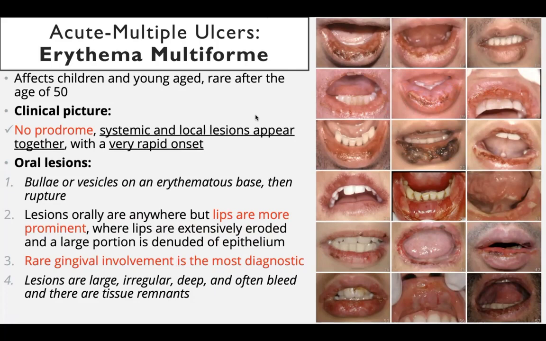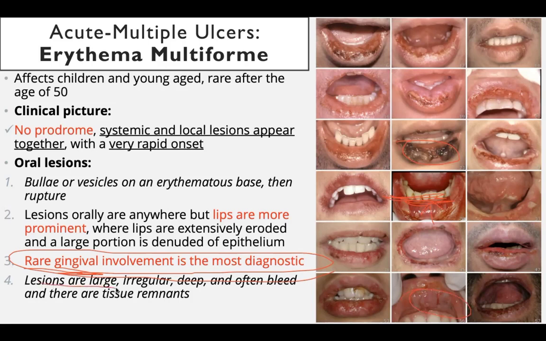Now this is the last of the acute multiple ulcers, which also rarely involves the gingiva. So rare gingival involvement is most diagnostic. It starts from the lips, goes inside, and rarely involves gingiva. Most diagnostic, late stage.